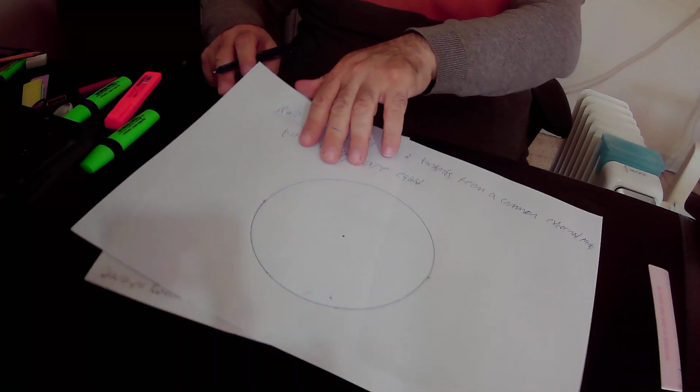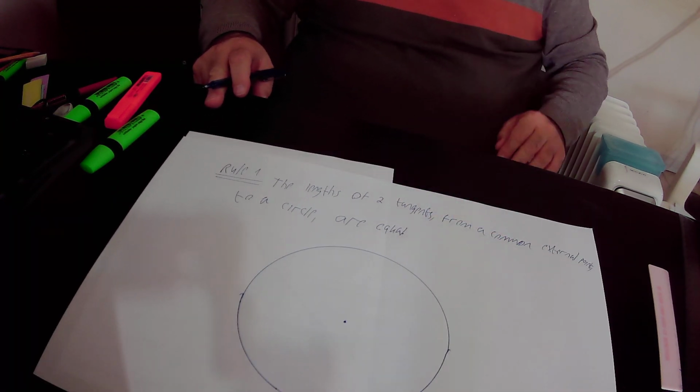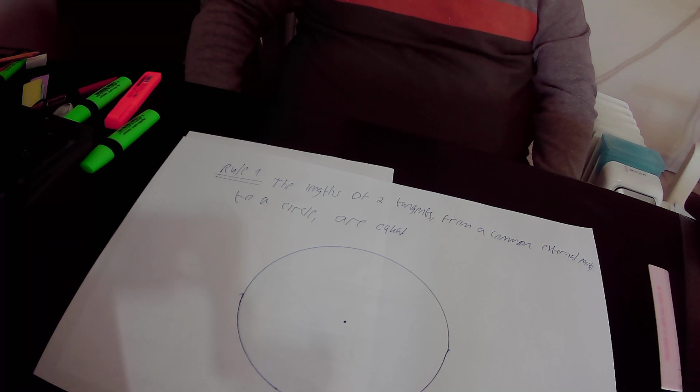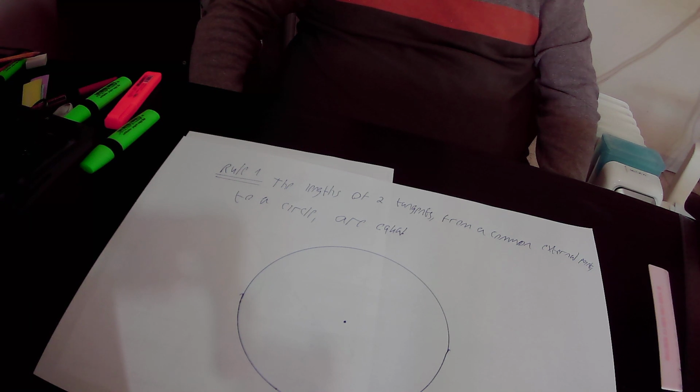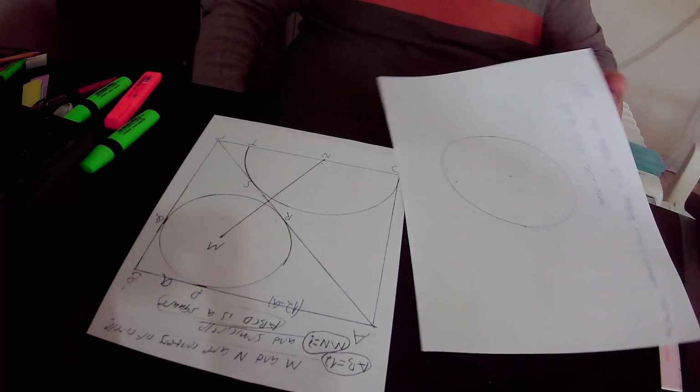I'll read rule number one again. According to rule number one, the lengths of two tangents from a common external point to a circle are equal. What is the meaning of rule number one?